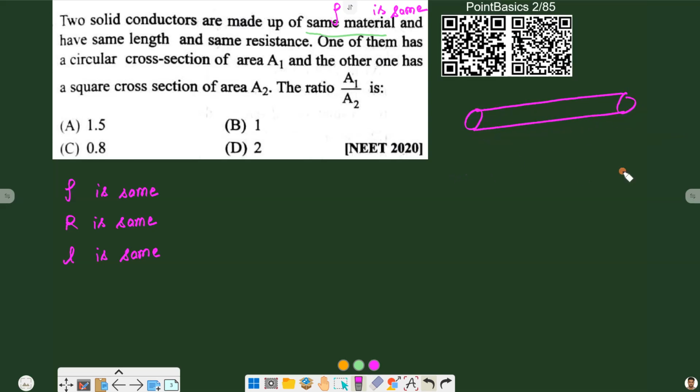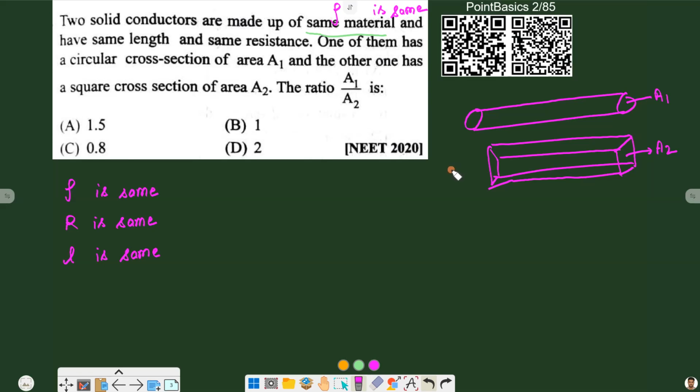And now with square cross-section, it will look like this, like a bar. Now its area is A2 and its area is A1. We have to find ratio of these areas.